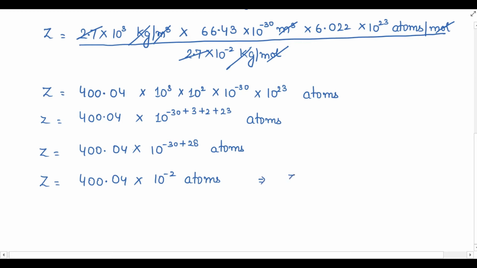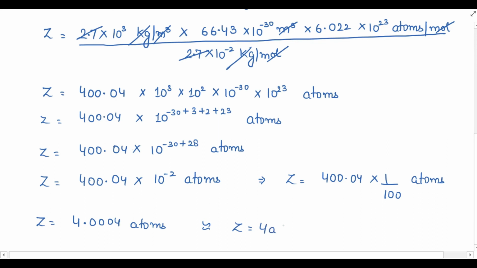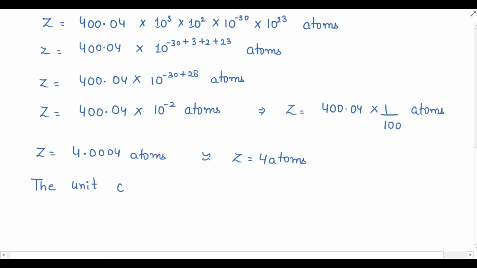So if I rearrange this value, that will be 400.04 × 1/100. If I divide 400.04 by 100, the value will be Z equals 4.0004 atoms, approximately Z equals 4 atoms. That means the contribution of atoms in a unit cell is equal to 4. So you can write the unit cell is FCC or CCP.